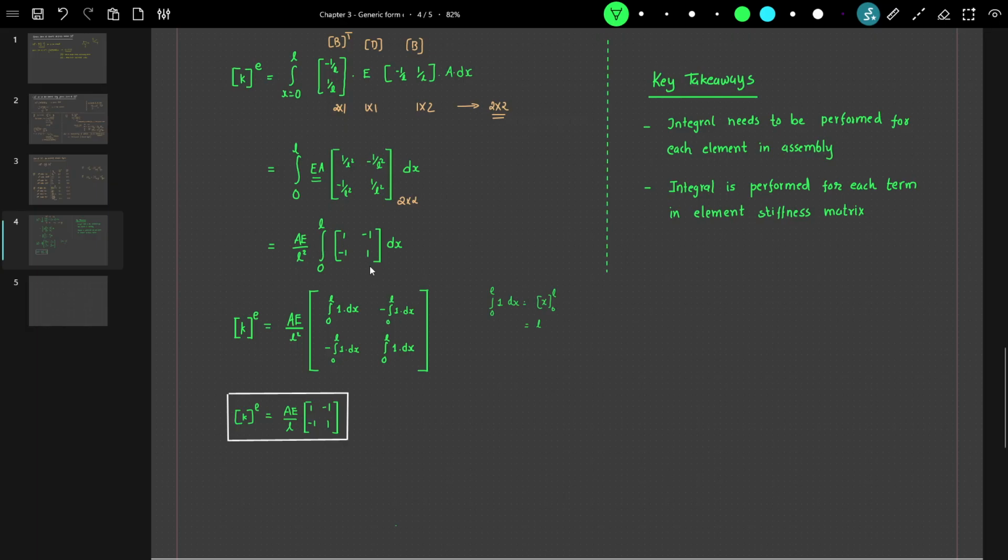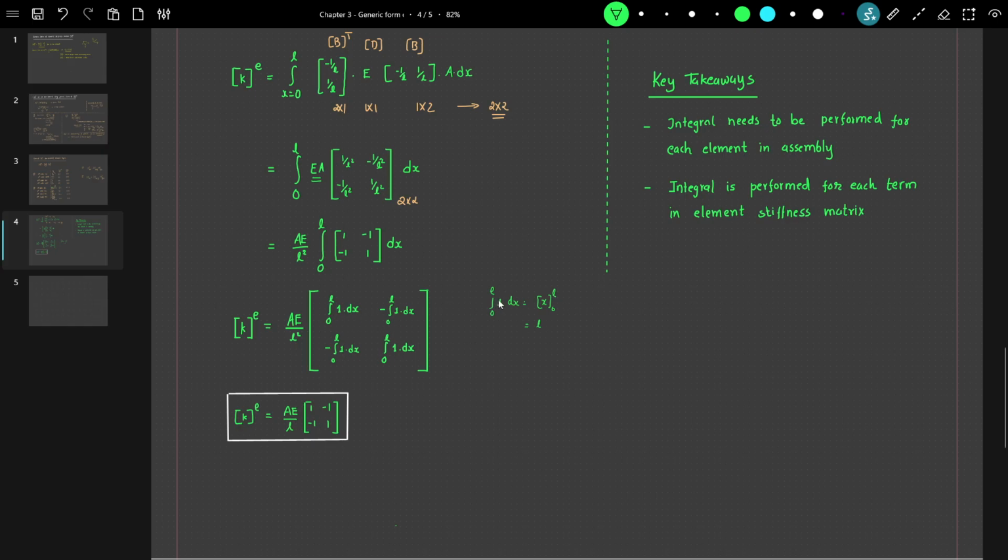So the integration of this 2 by 2 matrix is the integration of each term. This integration will go inside the matrix, so we get the terms like this.